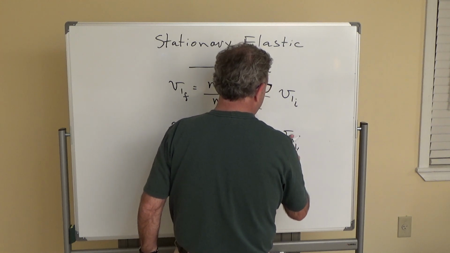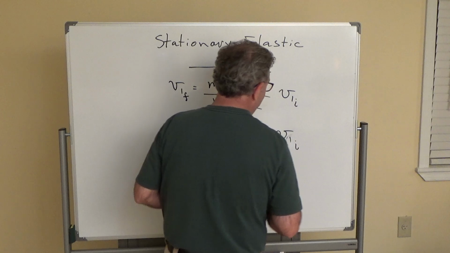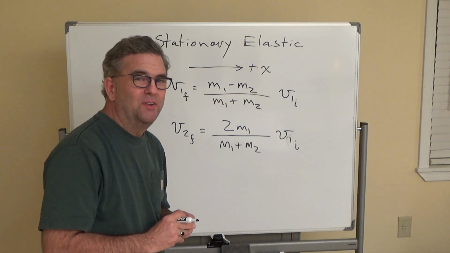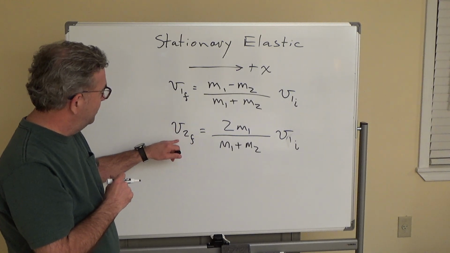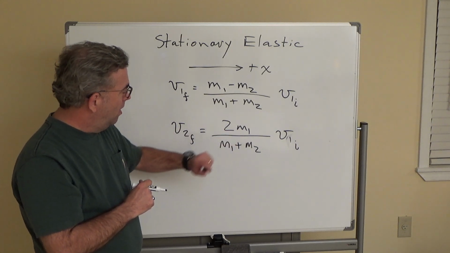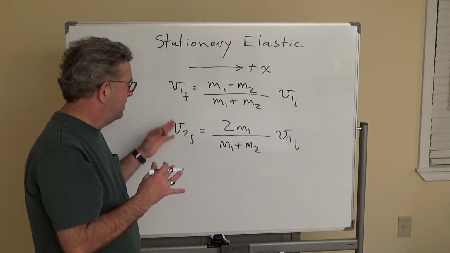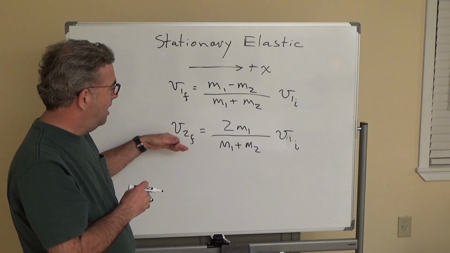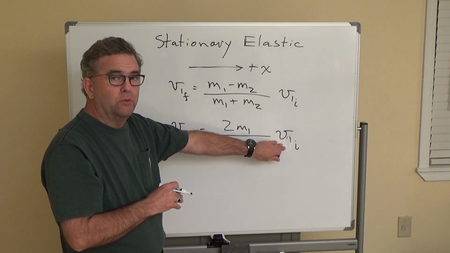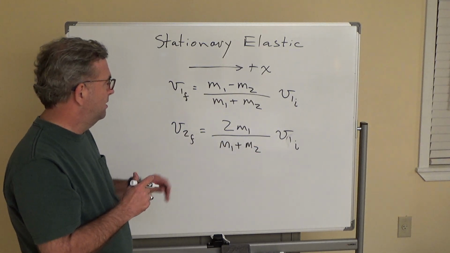That wouldn't make sense. Okay, there's V1 initial. Sorry about that. So in this case, M1 is less than M2, and you get V2 final, which is positive. V1 initial was positive, so this is positive.